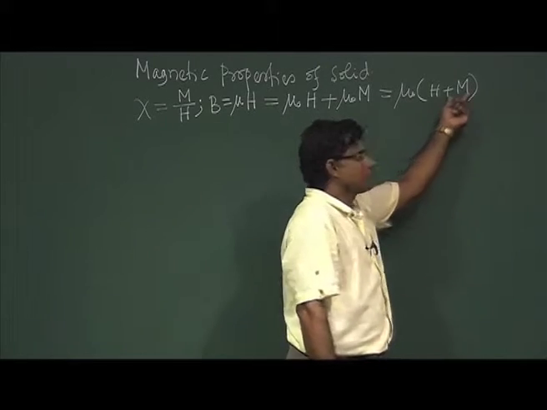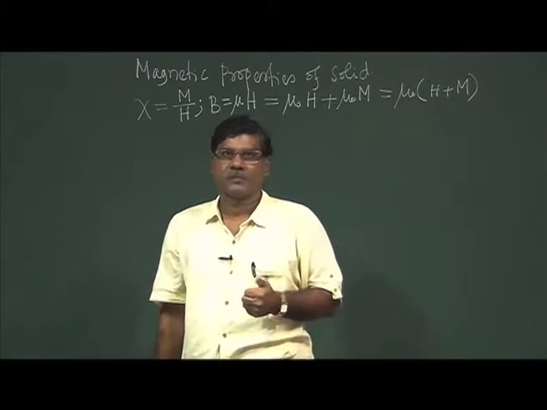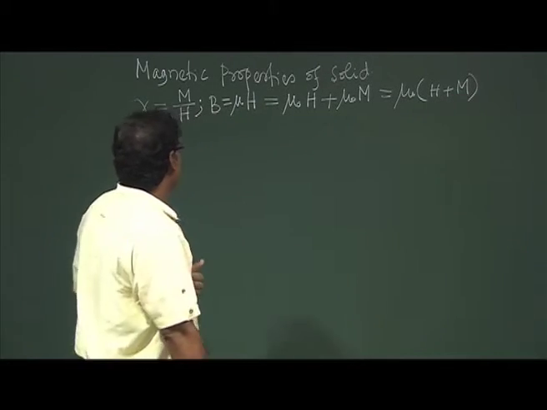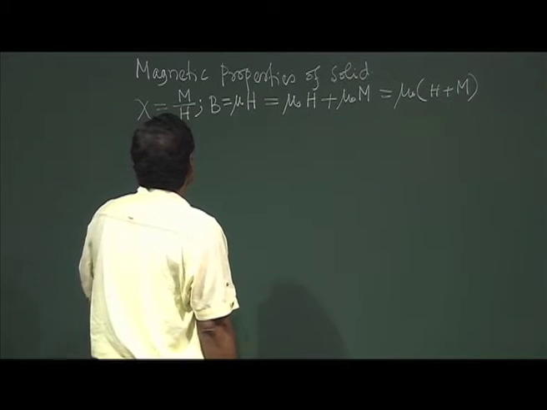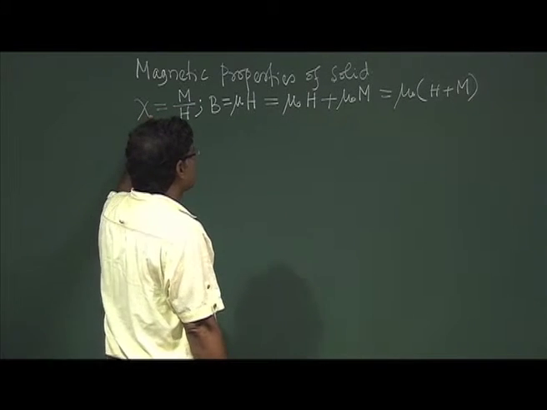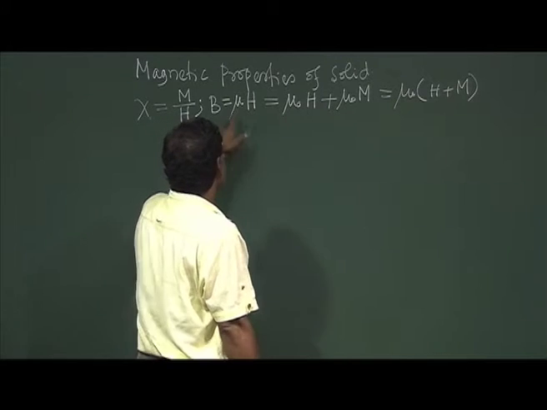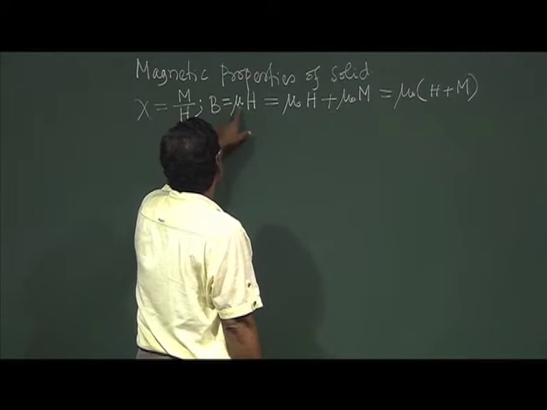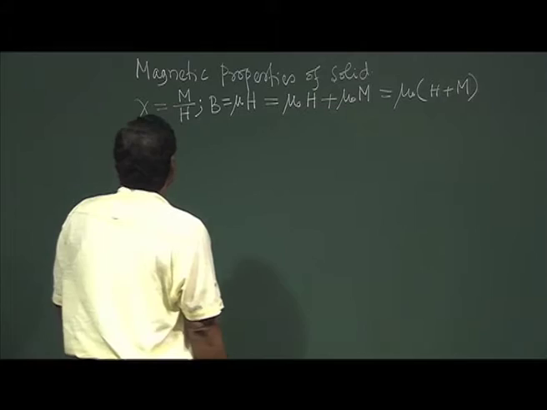That comes from the material, and this chi can be related with the permeability of this magnetic material.